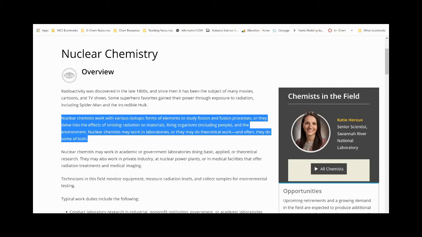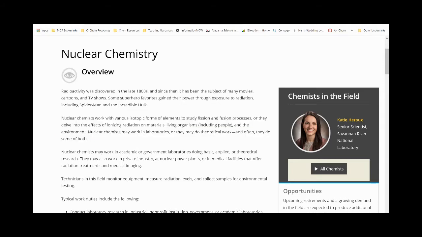And that isotopic comes from the root word isotope. And so you're looking at different forms of the same element that have different mass numbers. And you're looking at what's called fission and fusion processes, all right? Or sometimes you're looking at the effect that radiation might have if people or animals are exposed to it.